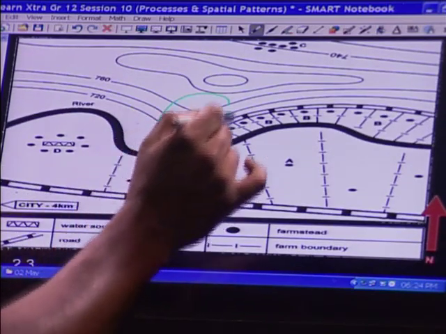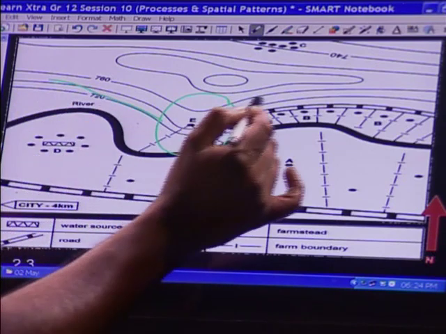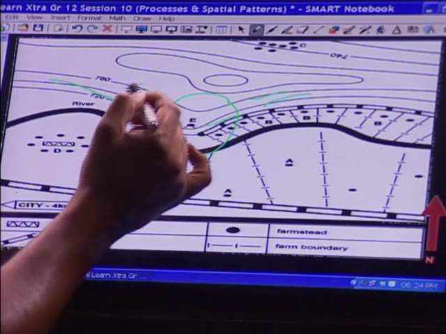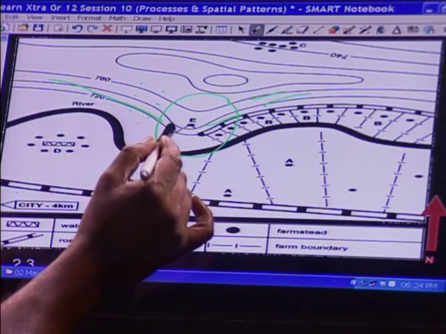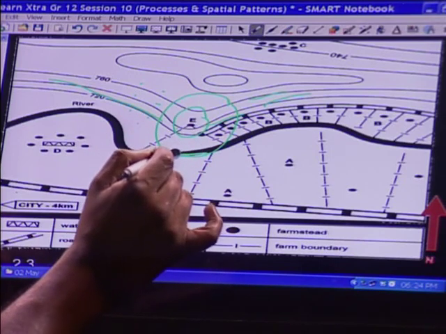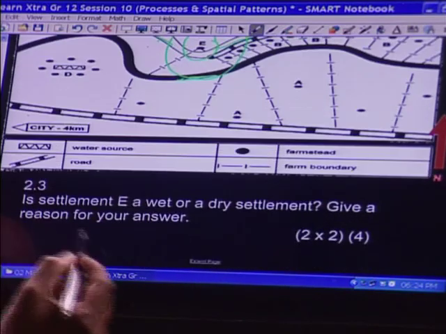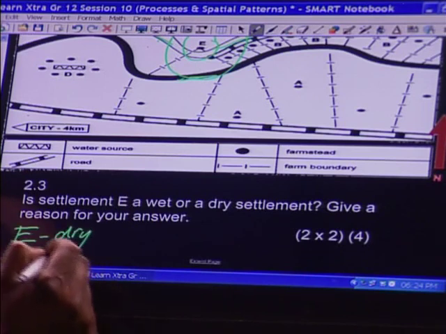Looking at settlement E, you should note the following. It is located on a slope. Note the contour lines are much closer together. When contour lines are of this nature, we say that the slope is steep. Note, this settlement has located away from the river. Therefore, water would serve as a threat. In this example, settlement E therefore becomes a dry point settlement.